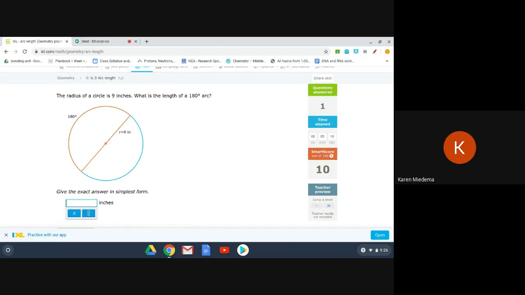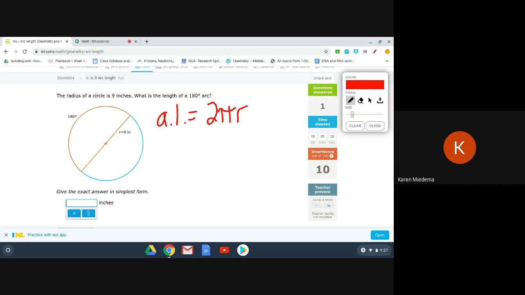Okay, let's go ahead and try another one. So again, the arc length equals 2 pi r. Well, that would be an entire circle, but because we don't want to find the arc length of an entire circle, we want to know how many degrees out of 360.